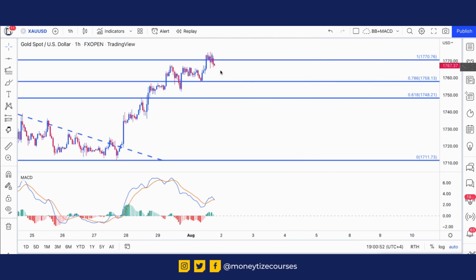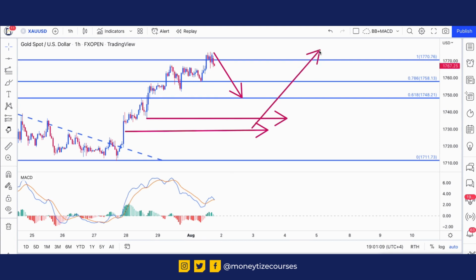So this downward push can bring it down towards 1748 or a bit lower to clean these lows, because it has to clean the orders, the stop losses which are placed here, and then continue higher.